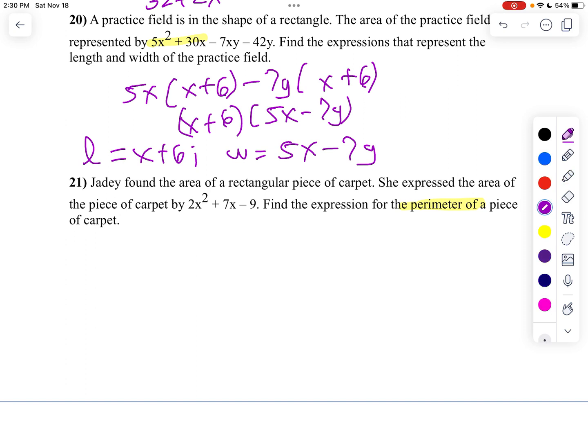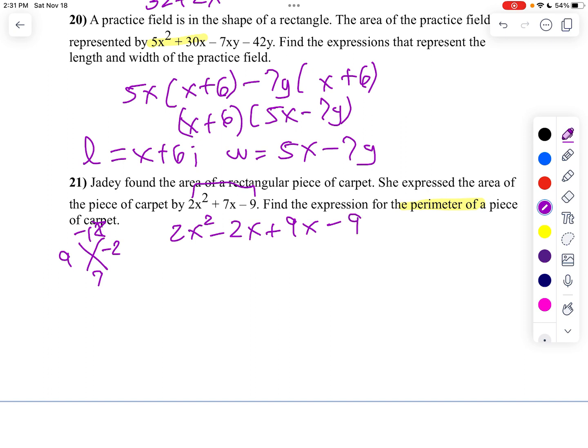So let's factor this. There's a number in front, so I always like to do it using the British method. 2 times negative 9 is negative 18. And then I want it to add to positive 7. We really want it to subtract a positive 7. So that's 9 and negative 2, isn't it? So I'm going to say 2x squared minus 2x plus 9x minus 9.